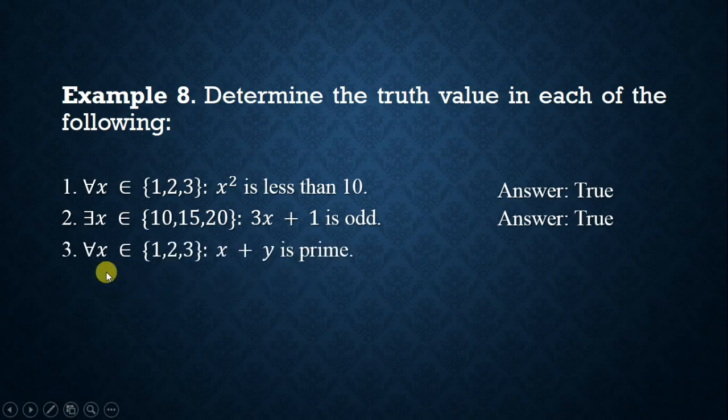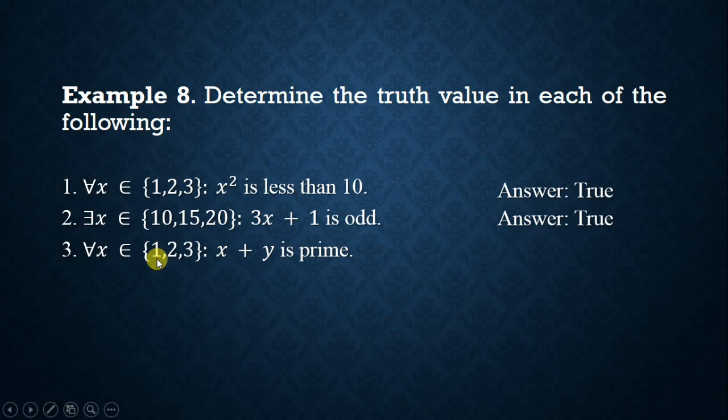Number 3, for all x element of the set containing 1, 2, 3, such that x plus y is prime. All the elements here must satisfy this condition since this is a universal statement.